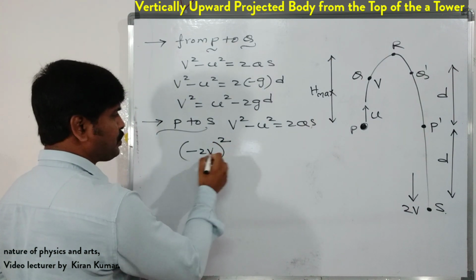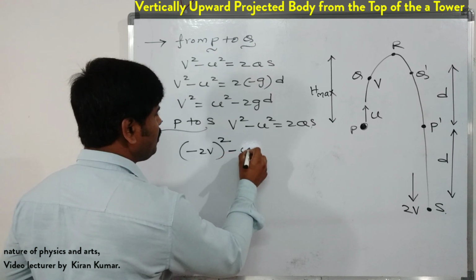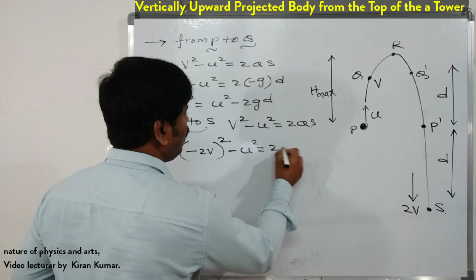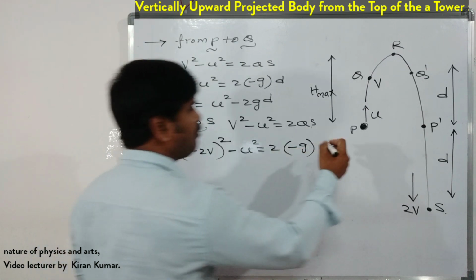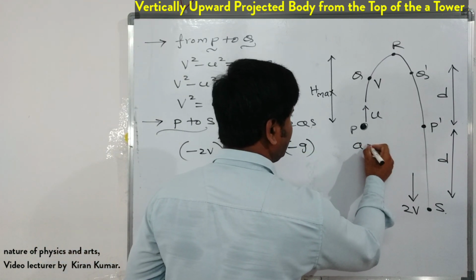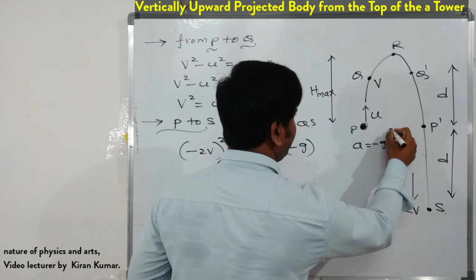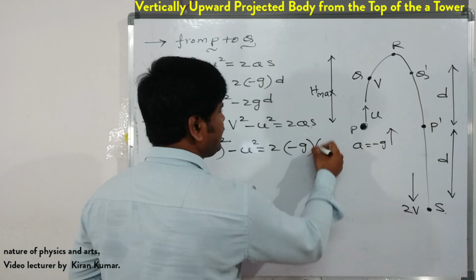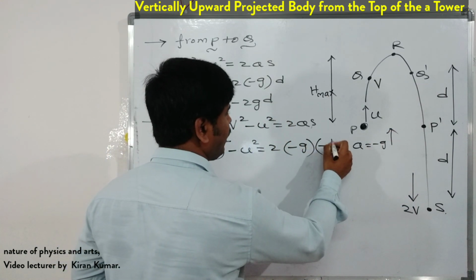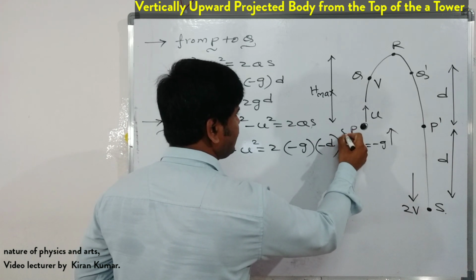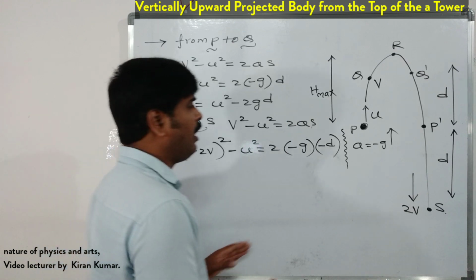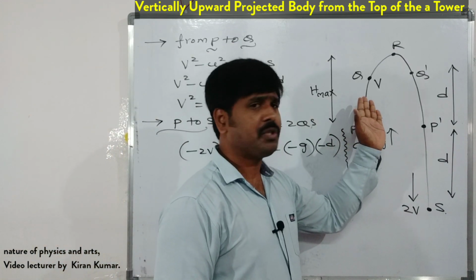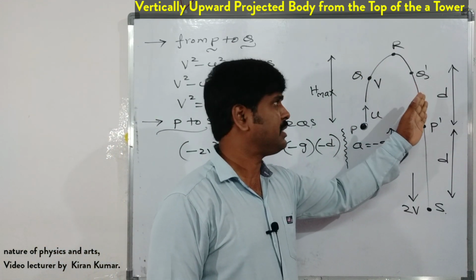That is minus 2v whole square minus U square is equal to 2 into A, where A is minus g, as the body is projected in the upward direction. S is taken here as minus d. Why minus d? Upward distance is positive, downward distance is negative.